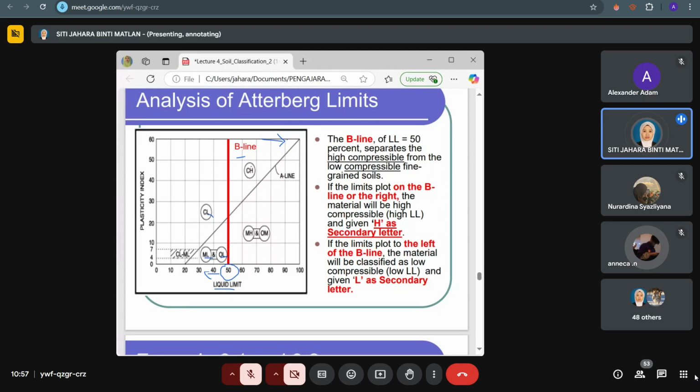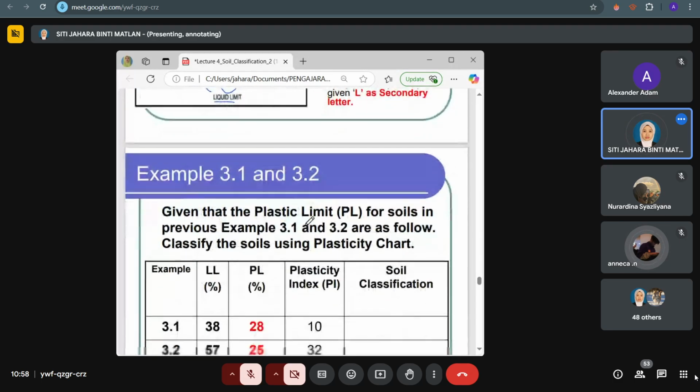Also low plasticity, which indicates low compressibility level. So together these lines help classify the fine grain soil under the USCS system, the Unified Soil Classification System, ensuring proper soil identification for geotechnical application.